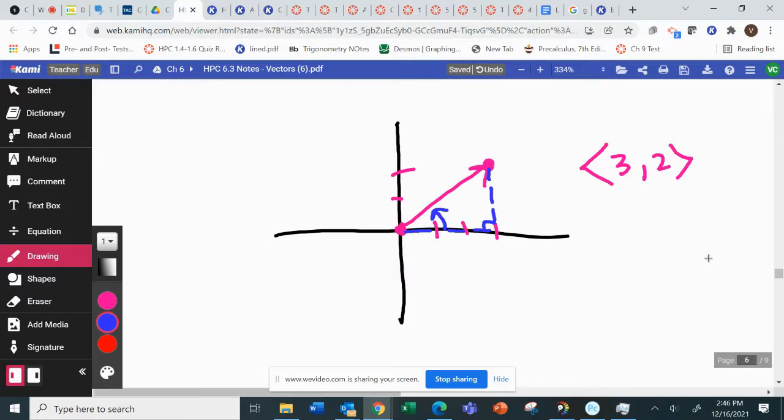How long? 3, and then 2. What trigonometric ratio could I use to find that angle? Tangent. Tangent, and we'll call that angle theta. Tangent of theta is 2/3, which is the same as what from the front page?